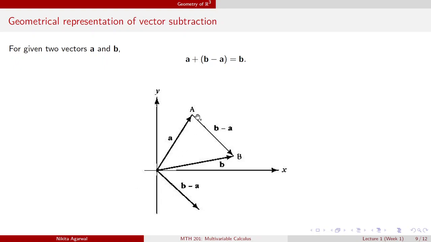We translated b so that it starts at the end point of a and then we completed the triangle. It's the same thing here. You have a and then you have b minus a. Their sum should be b. That's how b minus a is described. So this can be seen using both the parallelogram picture and the triangle picture.